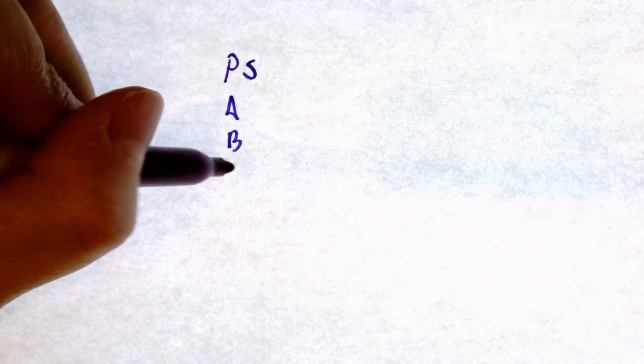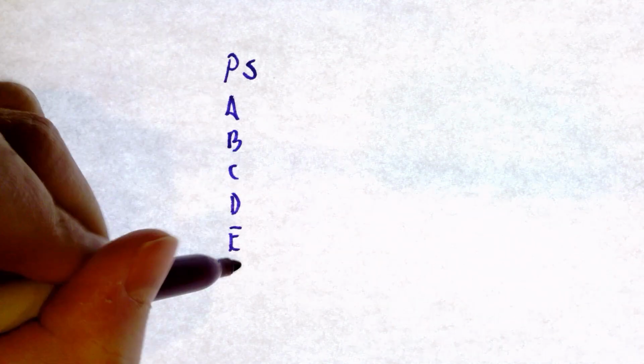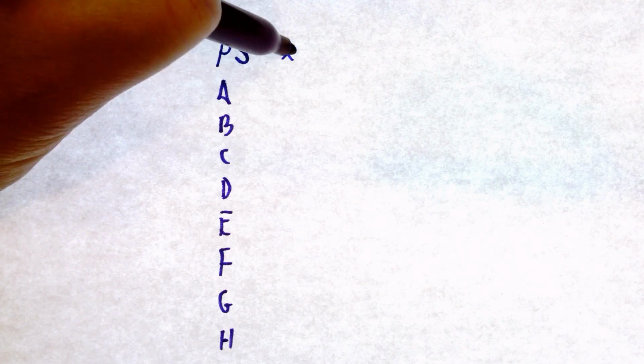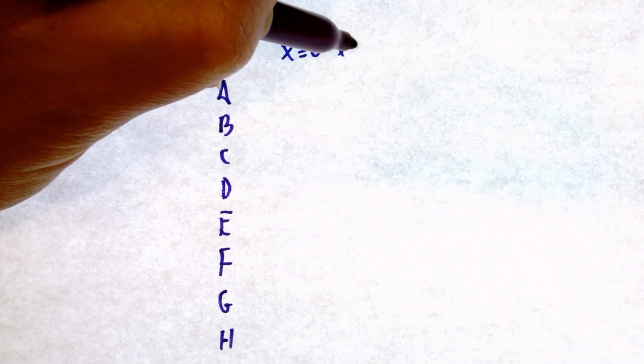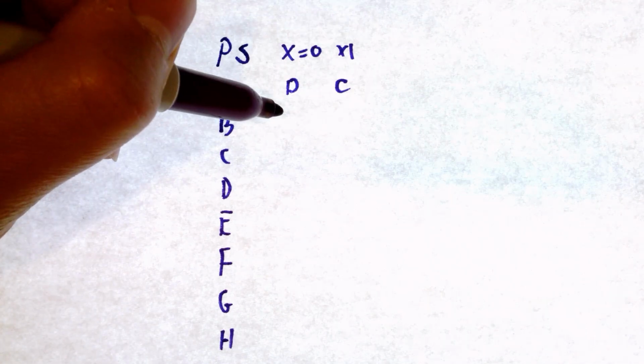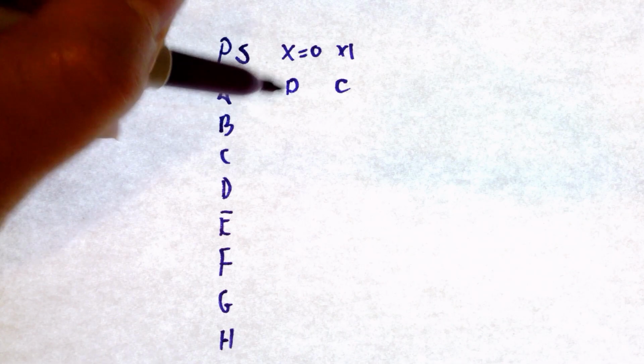In this one we'll start out with the present state and letter things out through H. Then for our next state, we'll have x equal to 0 and x equal to 1. That's DC. Then we'll do FH and ED.